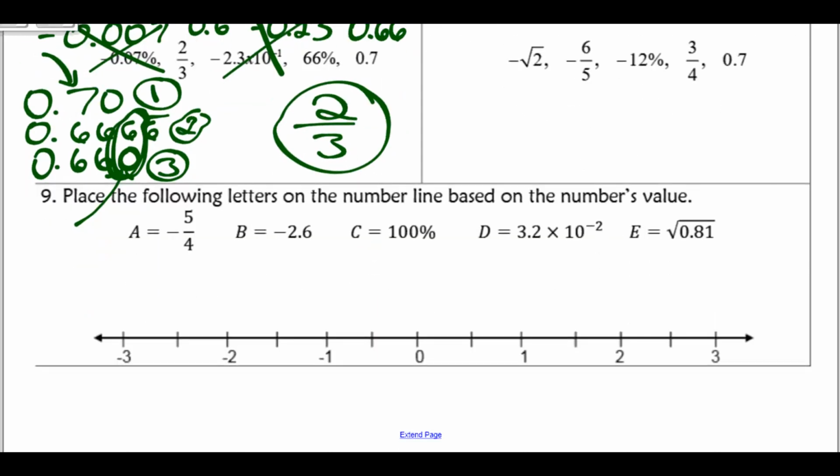All right, the last one I'm going to do with you, we're going to try to place all of those numbers on the number line. So this is basically just comparing and ordering, but they're giving you a number line to just plot these points on. First step is going to be the same. I'm going to just change all of these into decimals in my first step.